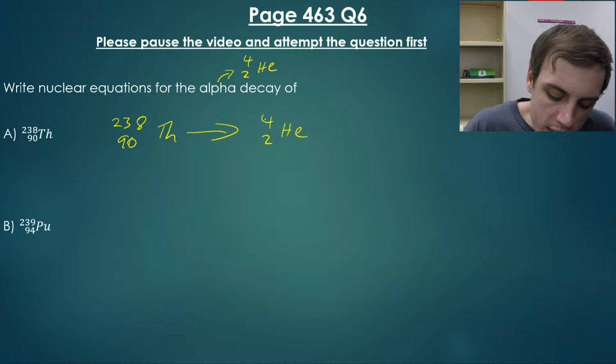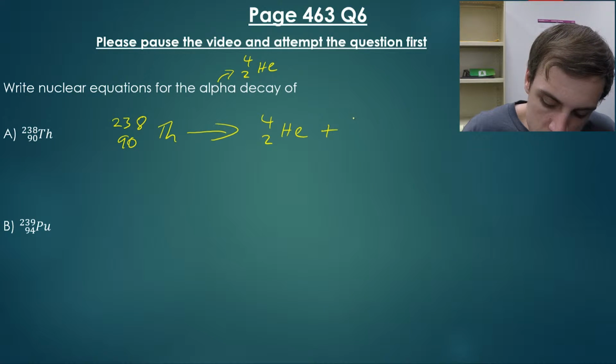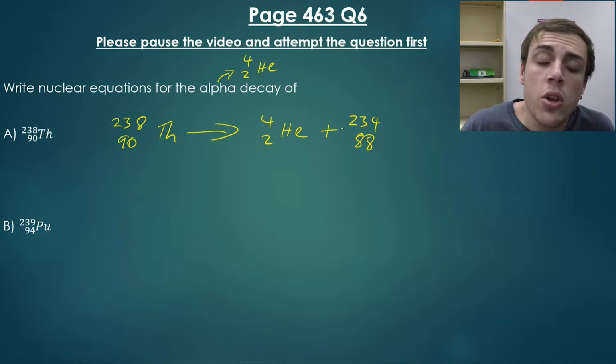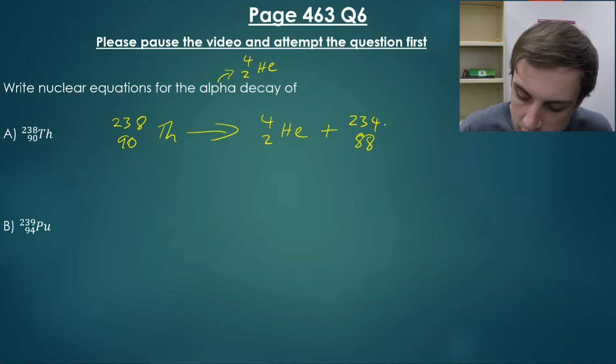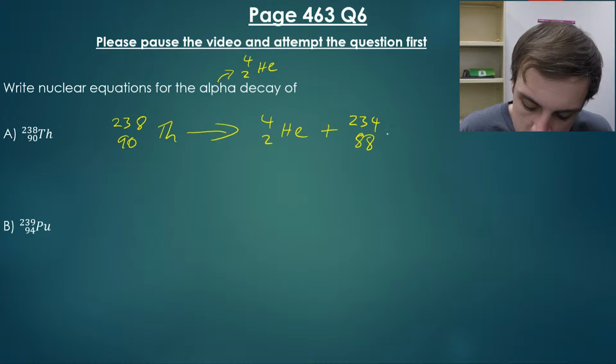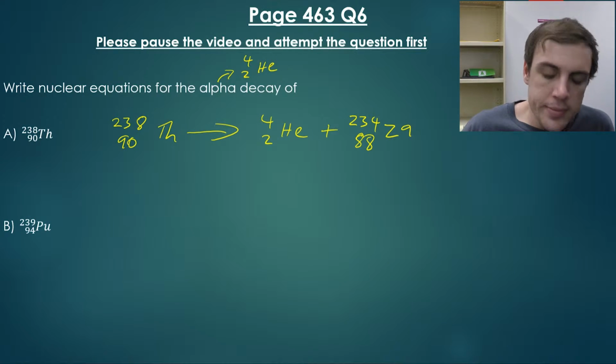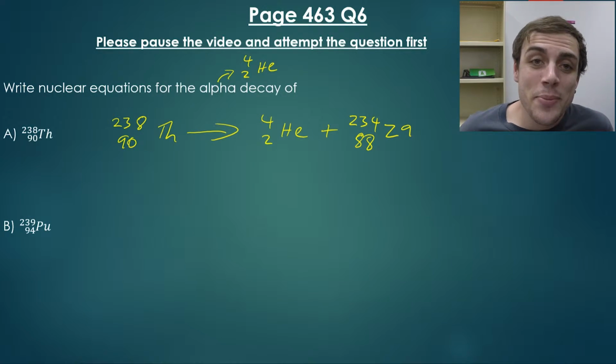And what we do is we then just subtract these numbers together. So that means we're going to have 238 minus 4, so 234, 90 minus 2 goes to 88. And if you look on your periodic table for the element with number 88, that gives us radium. And it's as simple as that.